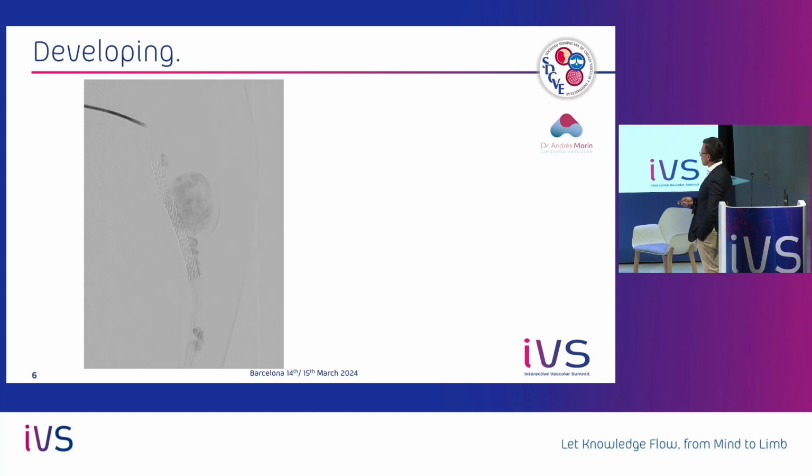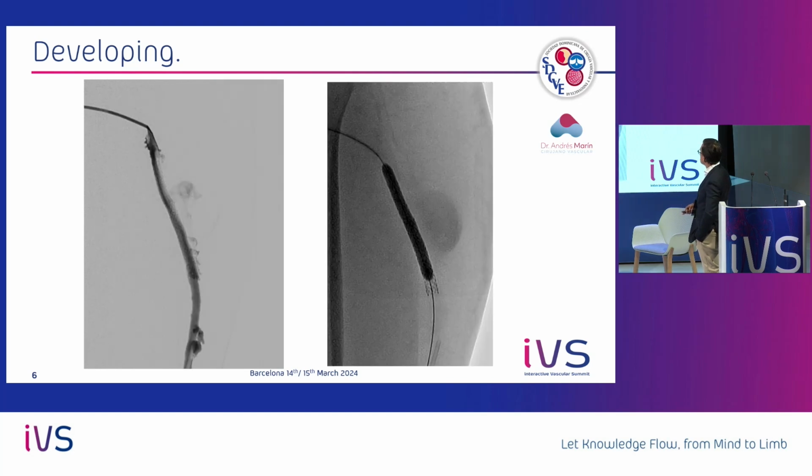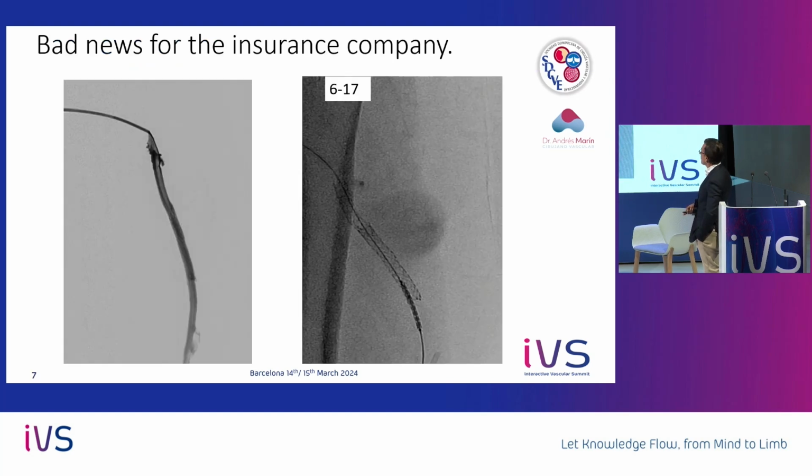And this is the result after the deployment of the proximal stent. We have a leak, obviously, right from here, and with a 7 millimeter balloon, maybe the leak can resolve.